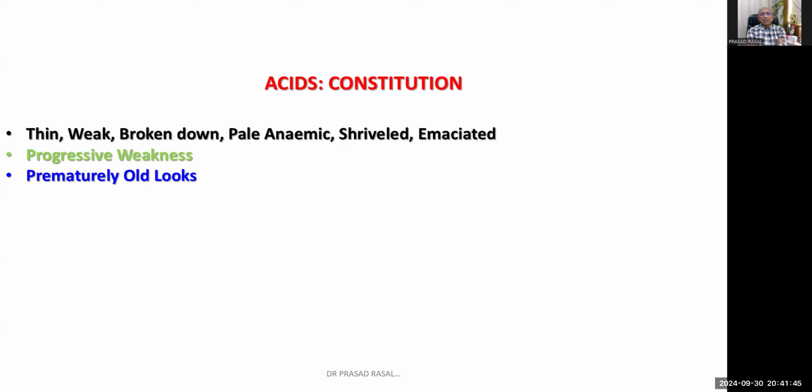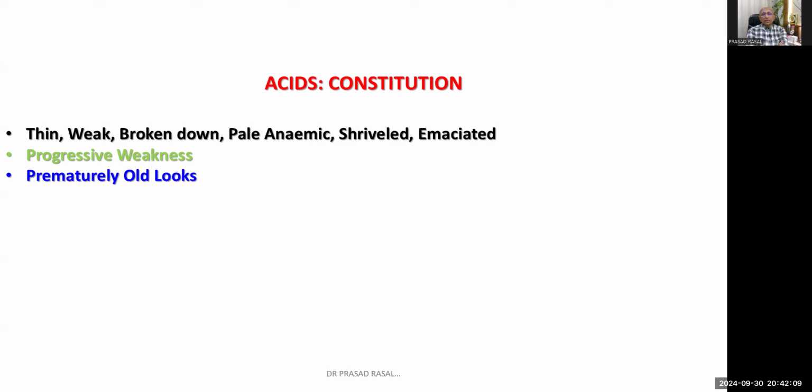Pale, anemic, destruction of RBCs, hemolytic anemia is developed. Shriveled, doesn't have strength, the tone. Emaciated, the parts get thin. So this is very characteristically a constitution of acid.